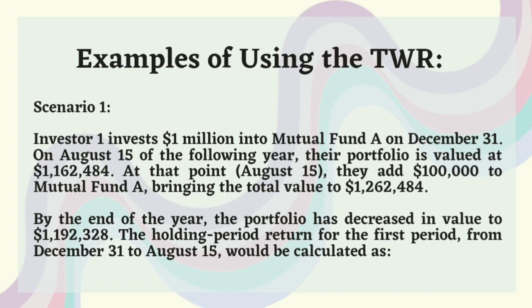So the first period here is from December 31 to August 15, from $1 million to $1,162,484. To calculate this, subtract the initial value from the end value and divide all by the initial value.